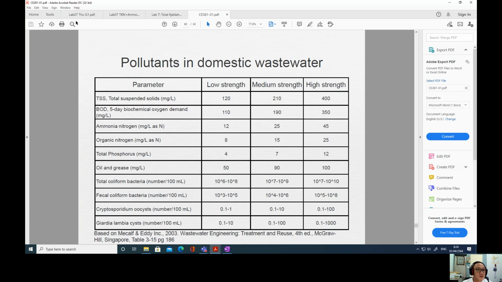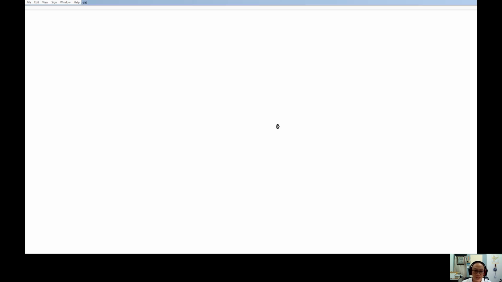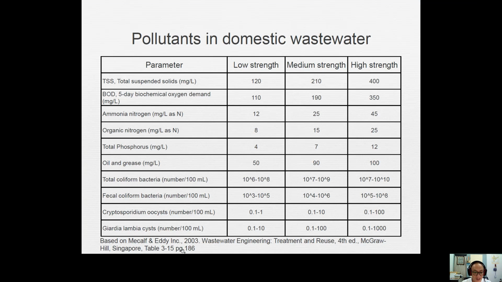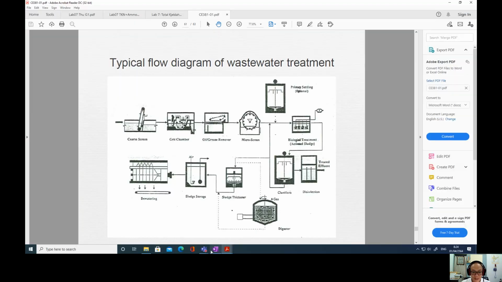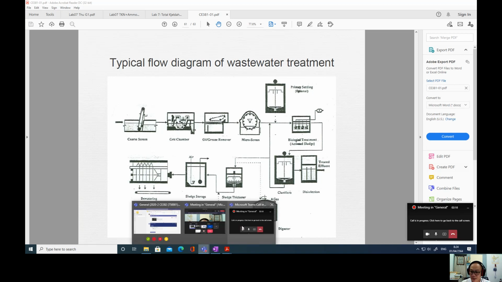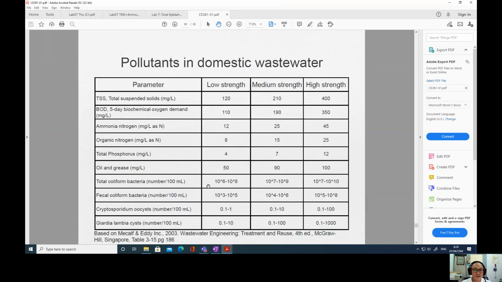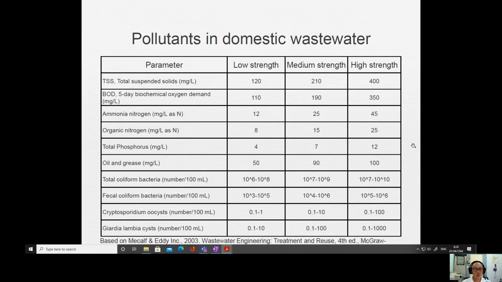Several parameters have been used to describe the characteristics of the domestic wastewater.